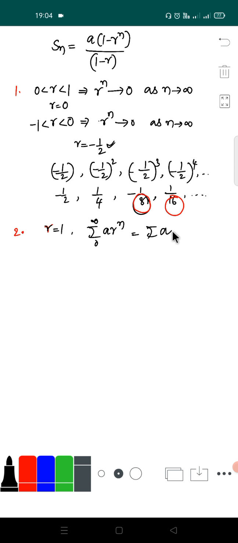If a is greater than 0, then the series diverges to infinity. If a is less than 0, that means we are adding an infinite number of a's, so it diverges to negative infinity.